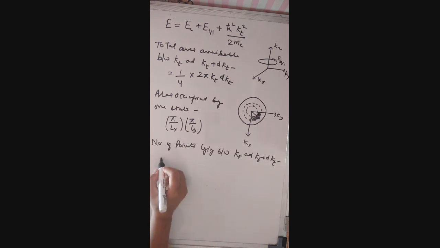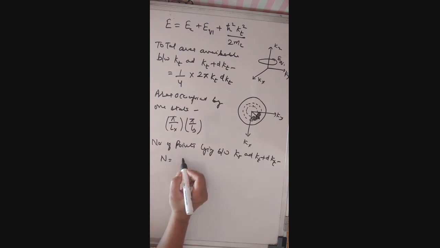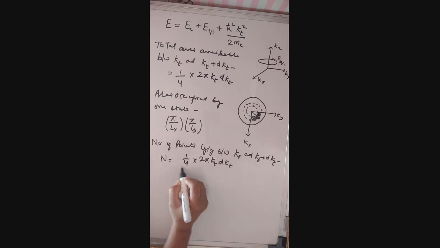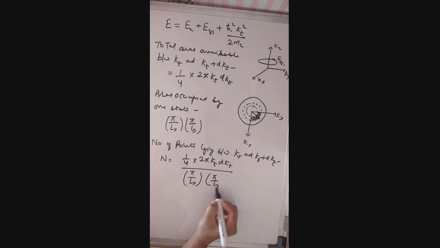To find the number of points, I denote it by capital N, and N equals total area divided by the area occupied by one state. So total area is 1/4 multiplied by 2 pi kt dkt divided by the area occupied by one state, pi by lx, pi by ly.